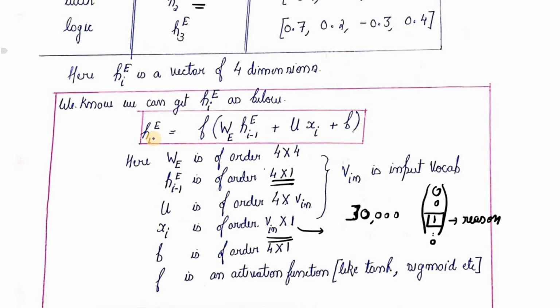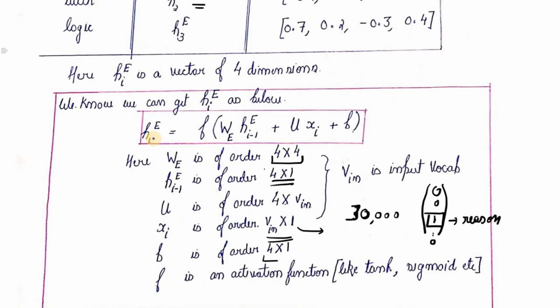Then hi minus 1 is of order 4 cross 1. Now, to make the calculations permissible, U could be of order 4 cross V input, while W is of order 4 cross 4. The detailed explanation of why these things happen is given in part 4 of the video.